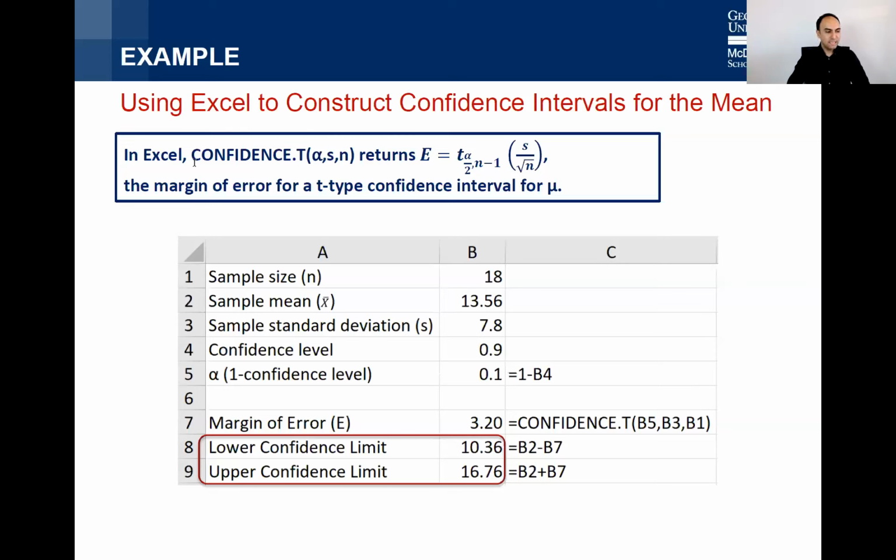There is a formula in Excel for this one called confidence.t, which returns the margin of error, as I have it in cell B7. Once I have the margin of error, to get the lower and upper bound, all I need to do is subtract and add this number to the sample statistic: 13.56 minus 3.2, 13.56 plus 3.2. That's going to give us this confidence interval as we cited before.